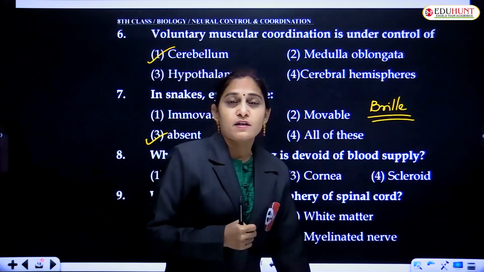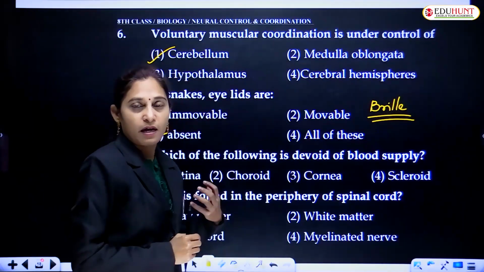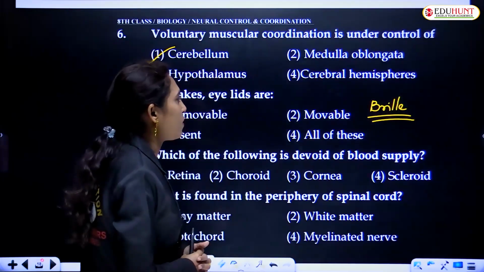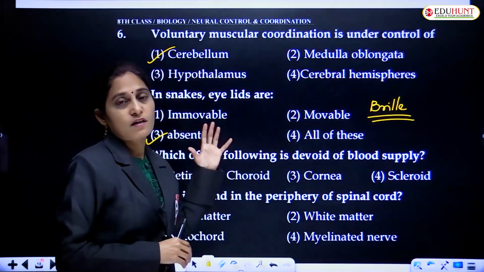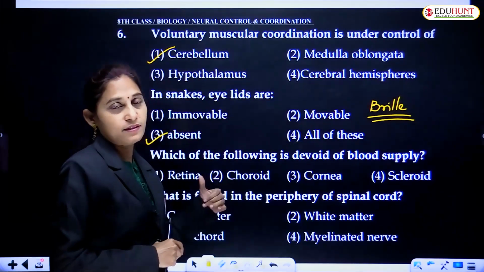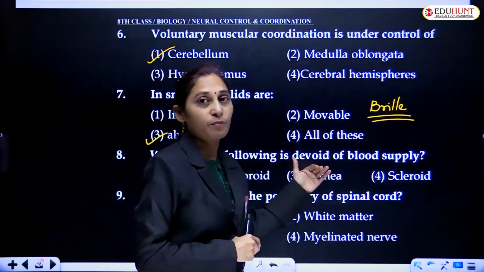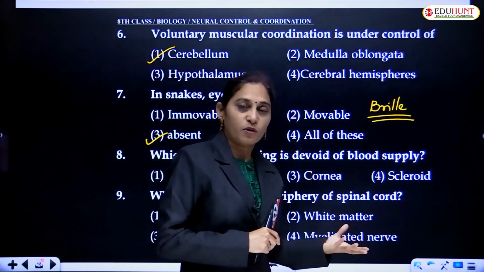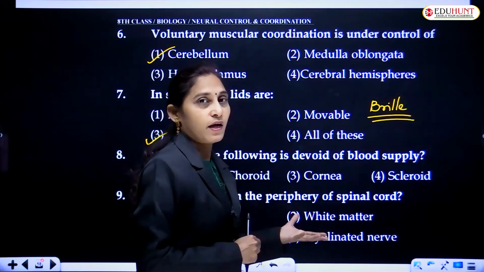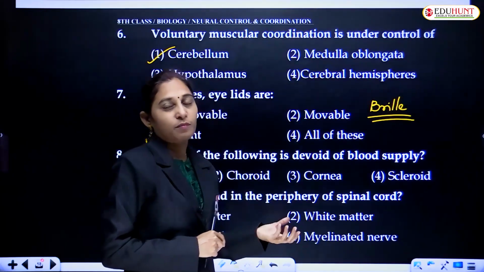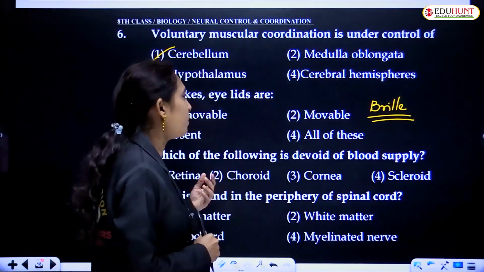This protects the eye from dust and pathogens, because snakes do not possess eyelids. It is a temporary, immovable protecting membrane.